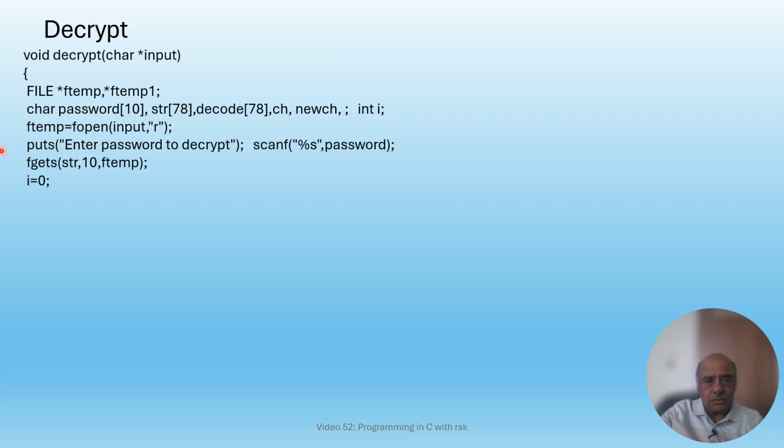Then we use the function fgets, str 10 ftemp. What fgets does is it reads the whole line, the beginning line in this case, from the temp file. So str now contains the password.